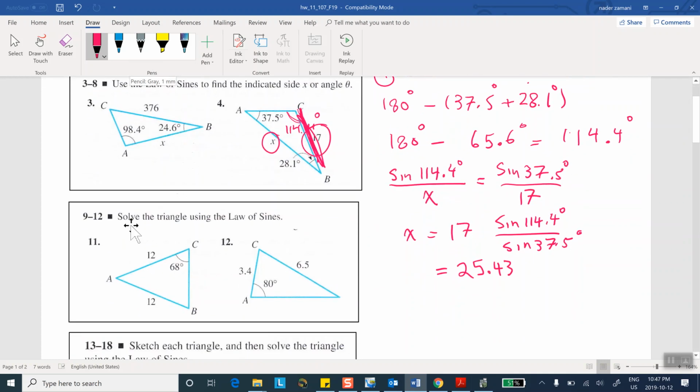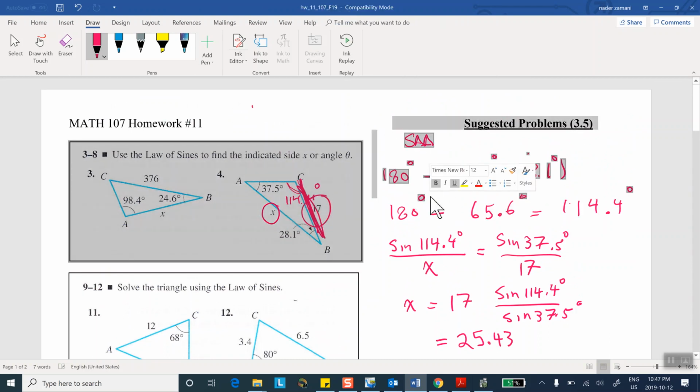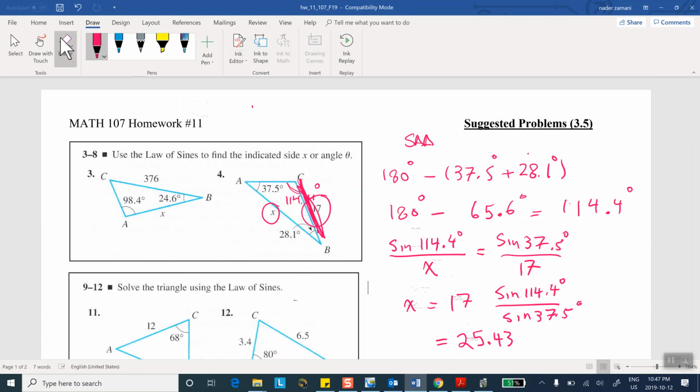Let's see now, problem 11. It says solve the triangle using law of sines. In other words, any edges that are missing, go ahead and find them. So let me erase this stuff. Maybe it's easier if I erase it like this.